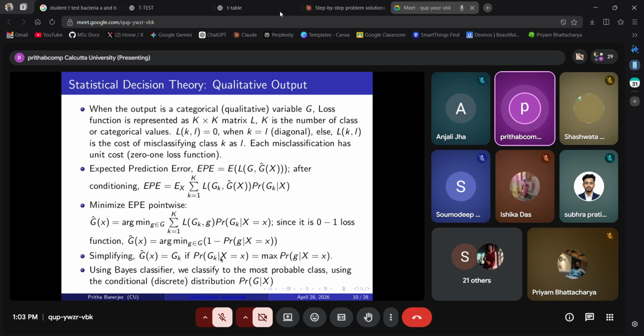I don't know if you have understood it. It means that when you do the minimization of this function, this has a probability term.